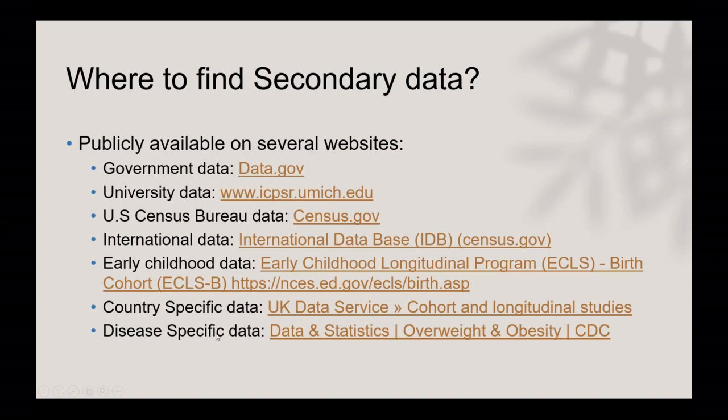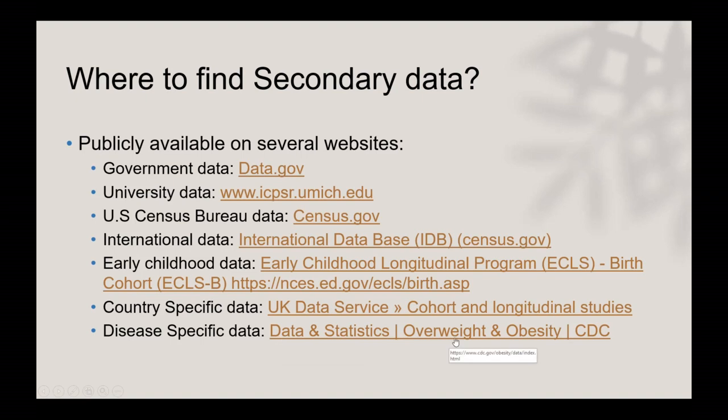And lastly, there is disease specific data. So many of you in your introductions said that you want to work for the CDC or the WHO. The CDC has a vast library of data sets, especially secondary data sets, and under that you will find a lot of different diseases.